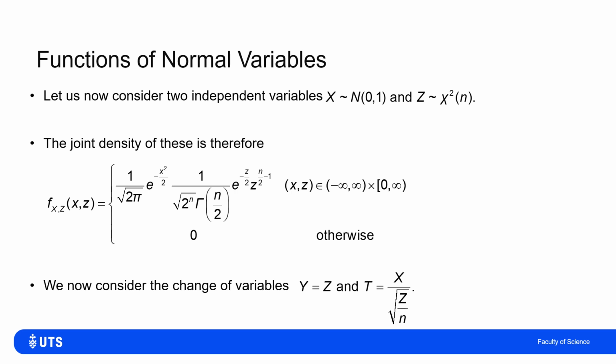Now I'm going to do this multidimensionally, so I'm doing the change of variables y equals z, which you may think is a little bit redundant. It's no more than renaming it, but it at least tells me that I've got a sense check on the distribution of y, which should also be chi-squared with n degrees of freedom.